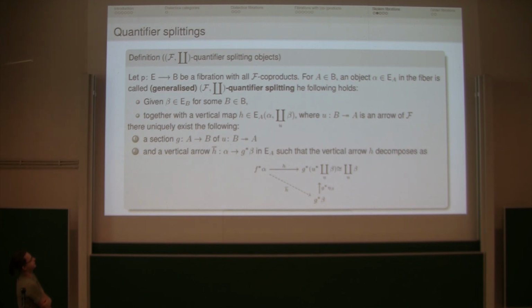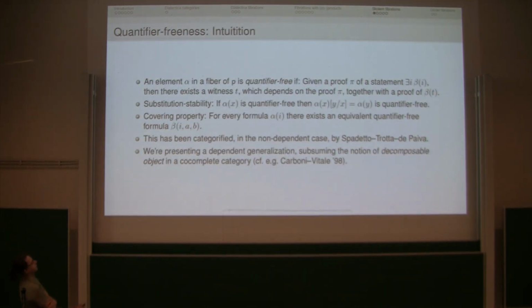So basically, just to illuminate a little bit on this definition, the preconception was that a formula should be quantifier-free if it satisfies the following property.